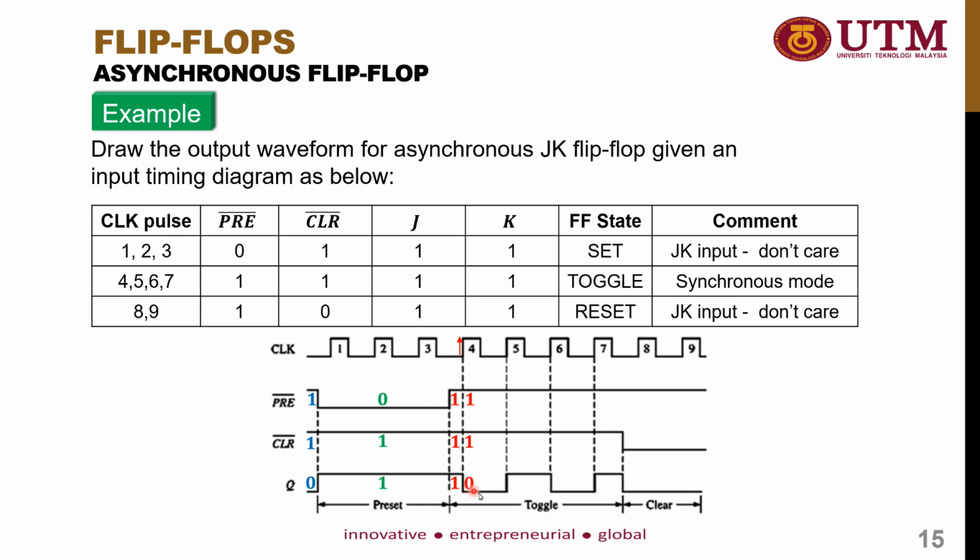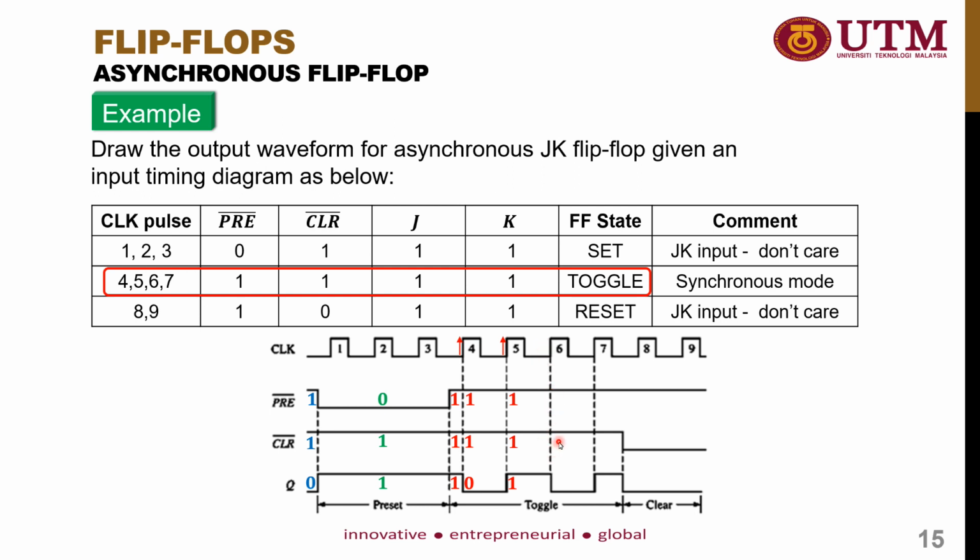At the next rising edge, the inputs of PRE bar and CLR bar are still maintained at 1, so it enters the JK flip-flop mode and will toggle the output again. Until it reaches the next rising edge, it will observe PRE bar and CLR bar.